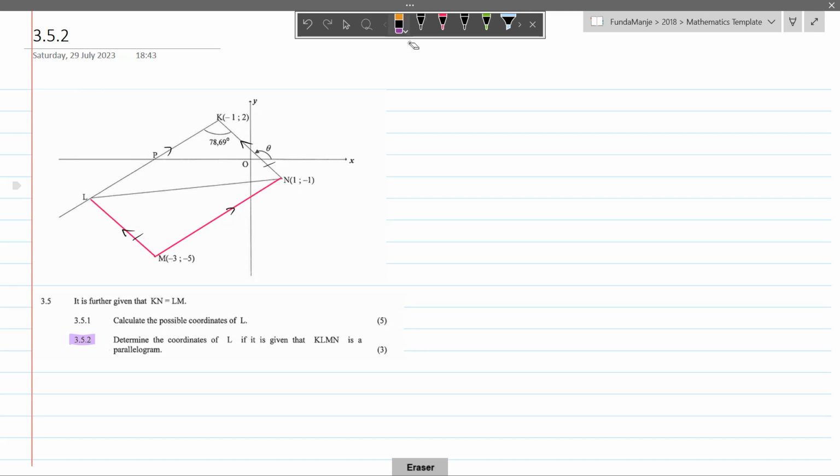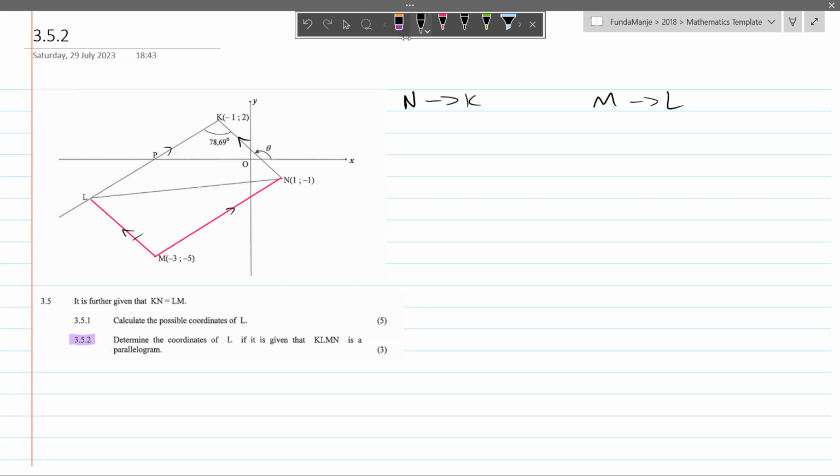That means the change from N to K will be equal to the change from M to L, because their lengths are equal and they are parallel, so they move in a very similar way. So if we can find how they go from N to K, we can do the same thing and go from M to L.